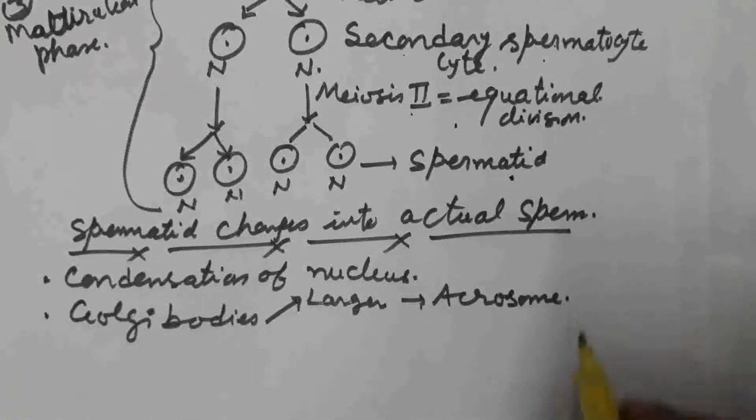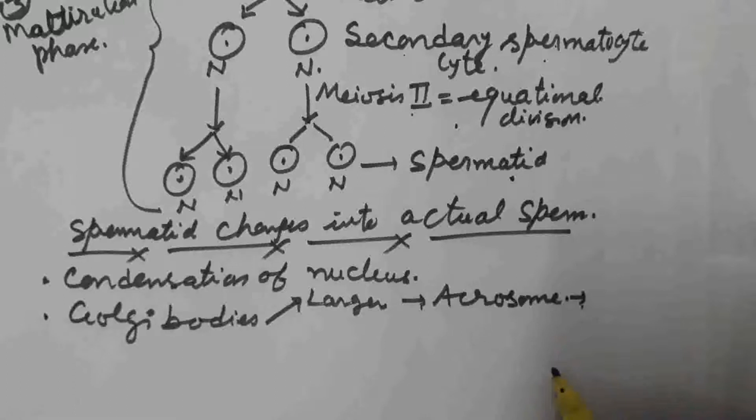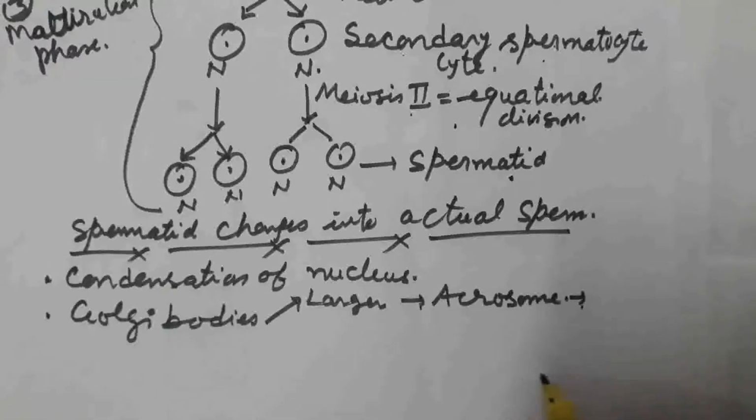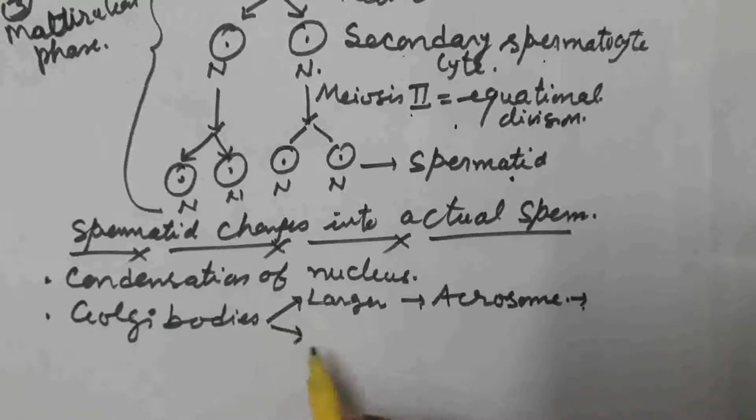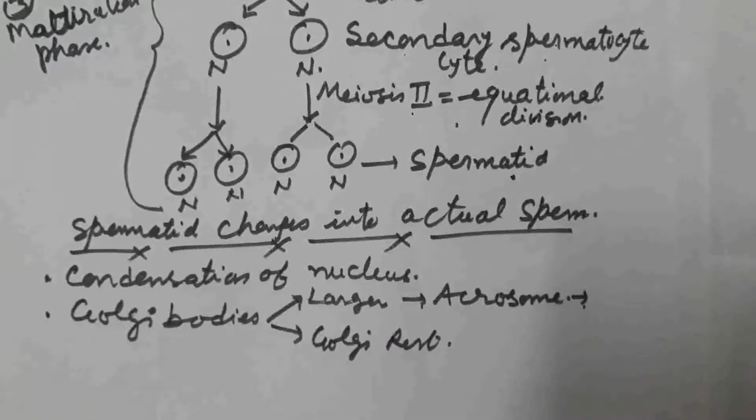This acrosome releases enzyme which makes a hole in the egg membrane, so the genetic material of the sperm enters inside the egg for fertilization. The smaller portion of the Golgi body is known as the Golgi rest, which later on degenerates.